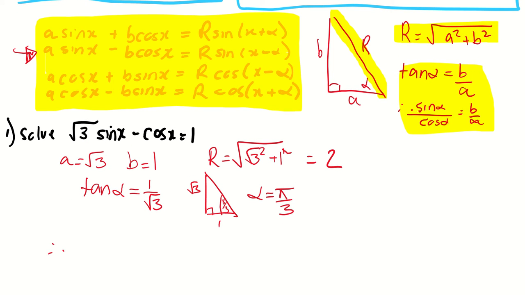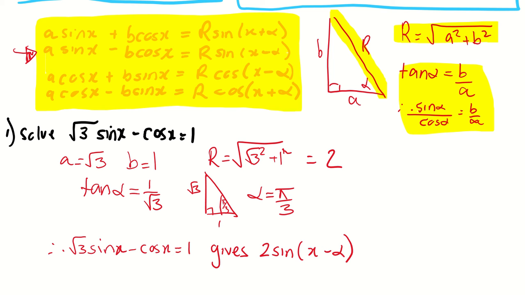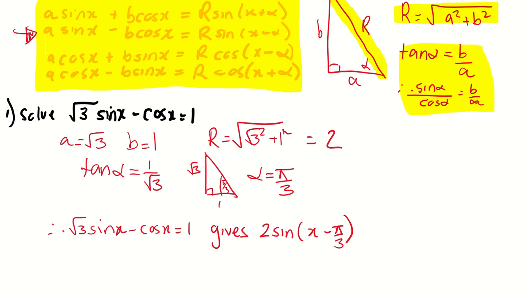So therefore, that's the same thing, and I could write it in the big form. And there I have it. A lot of questions just ask you to write it in the form R sine x minus alpha, etc. But this one actually says solve, so there's a little bit more to it.